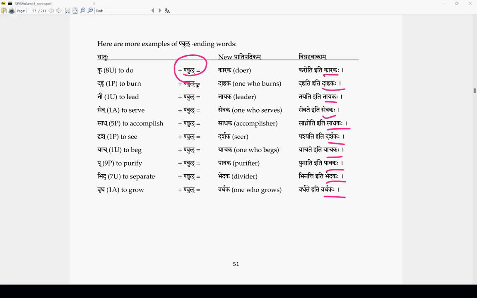So how does it work now? Just to get a quick prakriya here. So kru and nul.